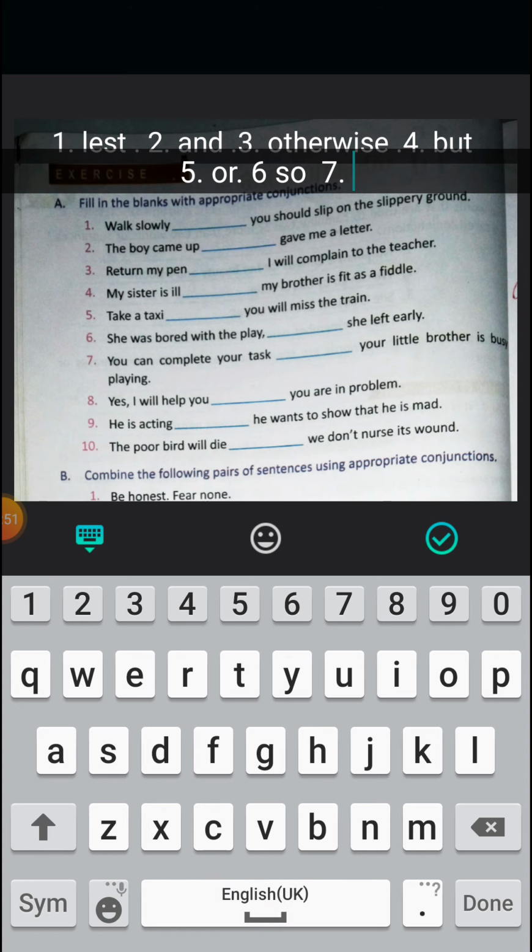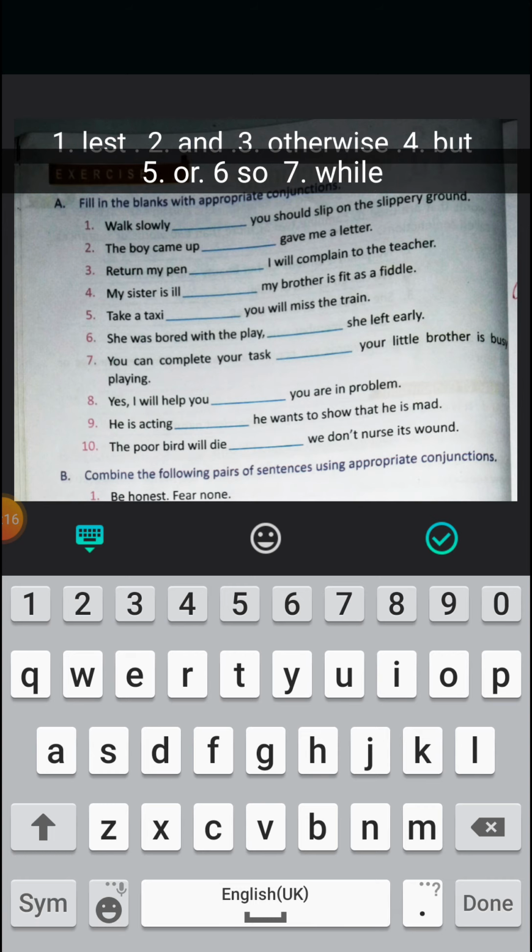Okay, seventh one: you can complete your task dash your little brother is busy playing. Here in these two sentences we are observing that two actions are going on. The first one is you can complete your task, and at the same time your little brother is busy playing, so we should use "while".